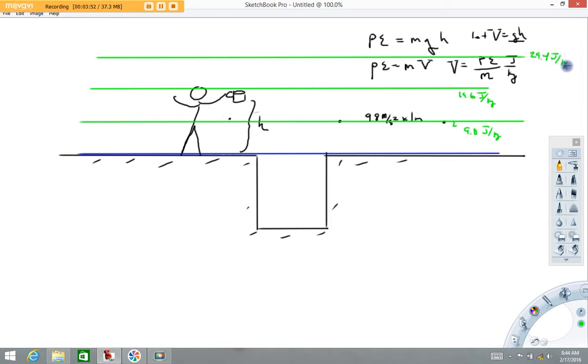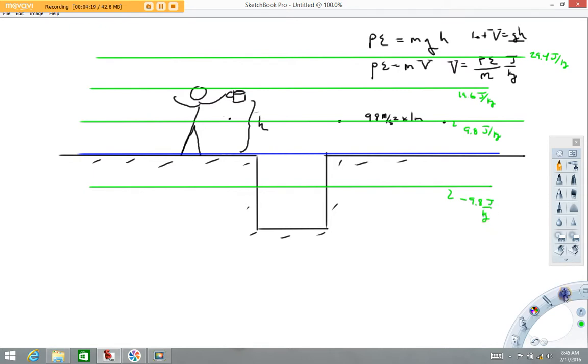Now, if I come to this blue line here, remember that's my datum, h is 0. At that point, we'd have a potential of about 0. Now imagine that we come down a meter below the datum. If I calculate a value for the potential now, we're going to get a negative number, negative 9.8 joules per kilogram.